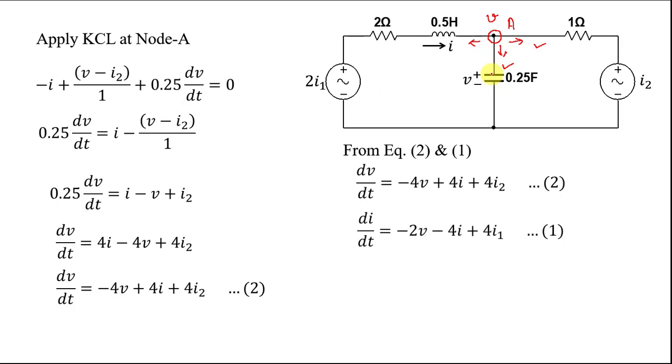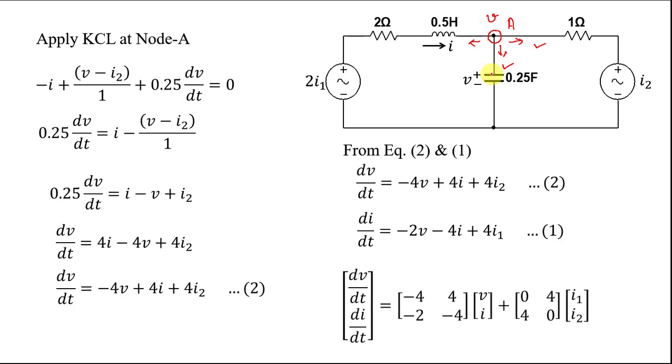Now you may write these equations in matrix format. See here the matrix format. The first is dV/dt equals minus 4V plus 4I plus 4I2.